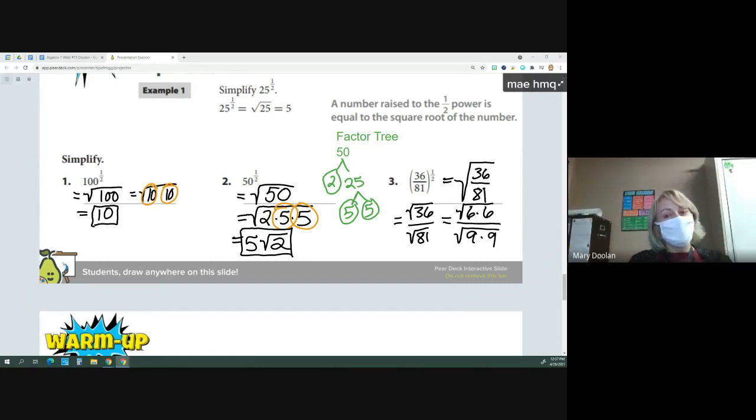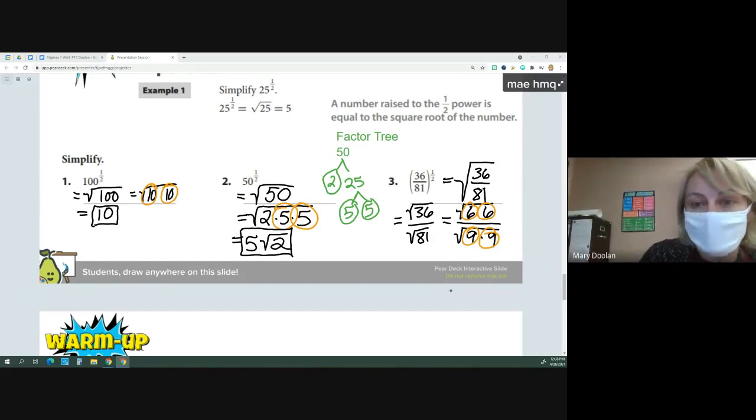36 and 81 are what we call perfect squares. They come from squaring integers. And so since I have 2 copies of 6 I could pull out, 2 copies of 9 I could pull out, then this is going to simplify to 6/9, which then further simplifies to, because I can divide out the common factor between 6 and 9, which is 3, 2/3.